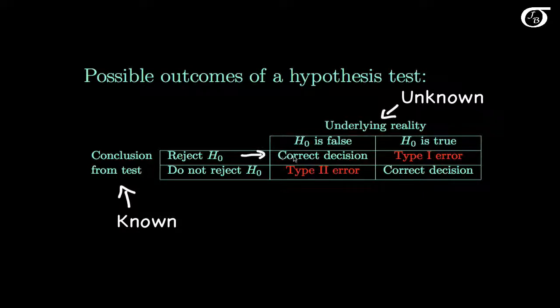But if we rejected the null hypothesis, and the null hypothesis is true, we made a type 1 error. If we do not reject the null hypothesis, and in reality the null hypothesis is false, we made a type 2 error. But if we don't reject the null hypothesis, and in reality it's true, we made the correct decision.